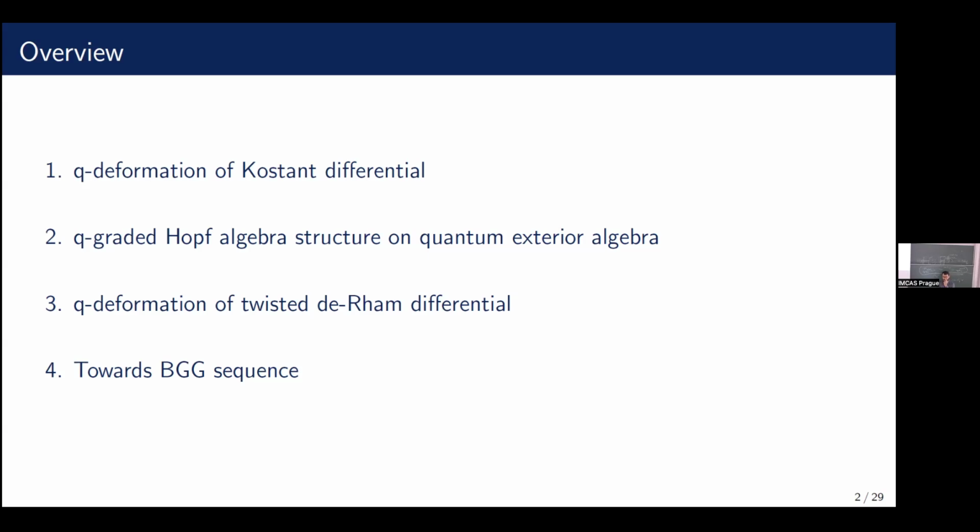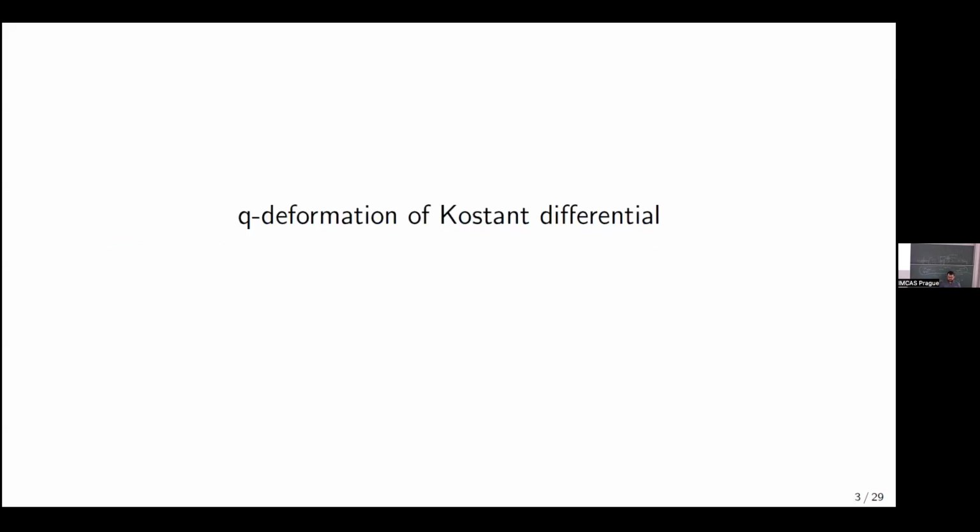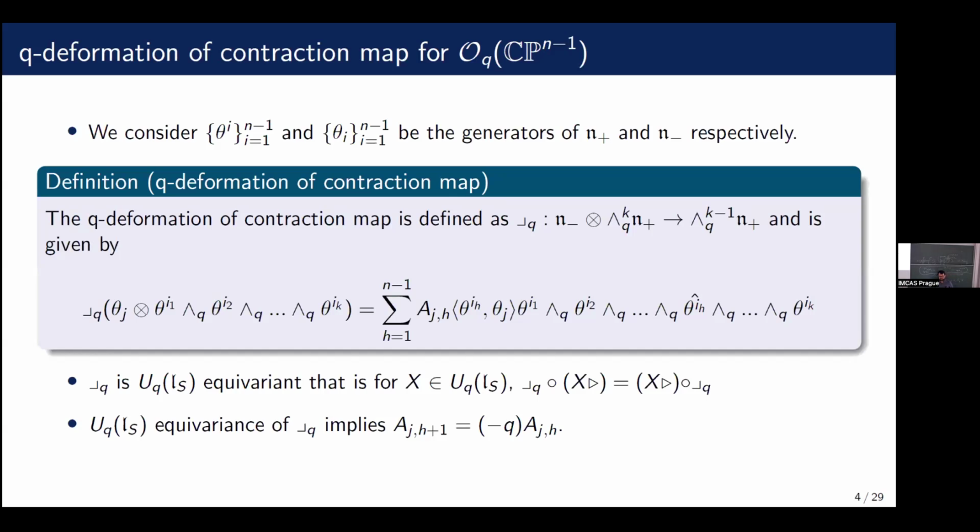And fourth, I will talk about some questions towards the BG sequence. Here I should mention in the beginning there will be a little bit of formulas, big formulas. So I don't want to annoy people, but still, I was mentioning.